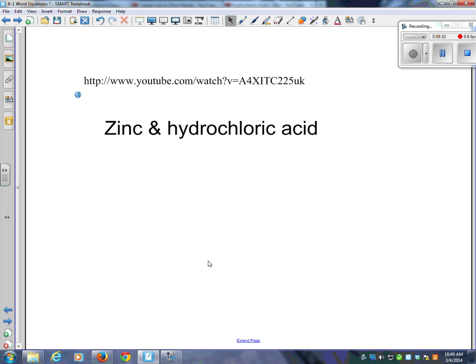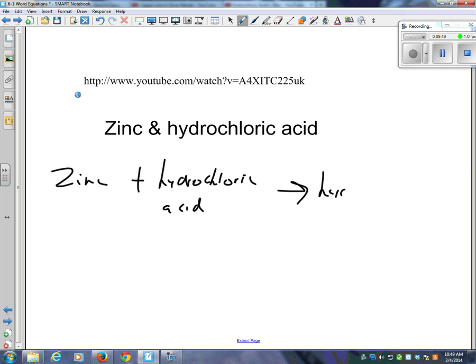We've got zinc plus hydrochloric acid. And what is produced in the book tells us that it's hydrogen and zinc chloride. So what was the gas that was being produced?